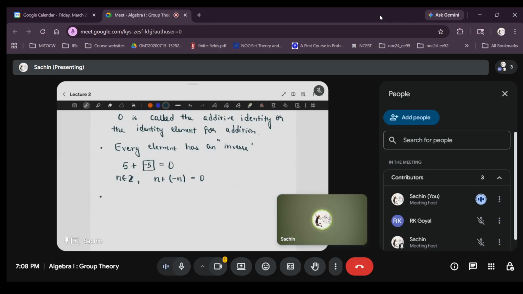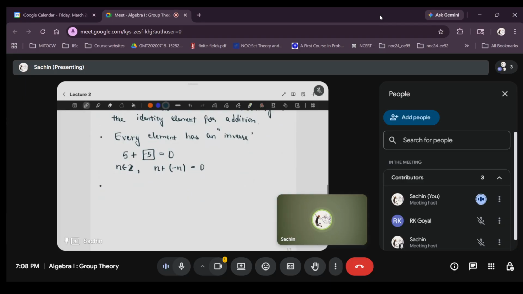Another interesting property that these integers have is, if you take integers a, b, and c, then if you first add a and b, and then add c to the sum of a and b, that will be the same as first adding b and c and adding that to a.